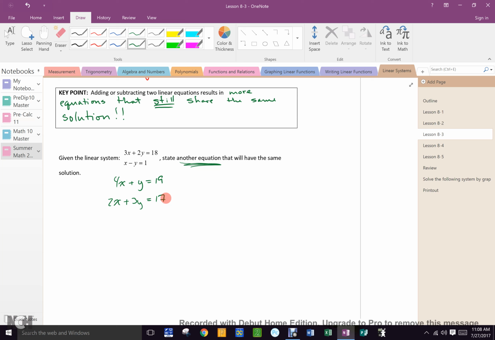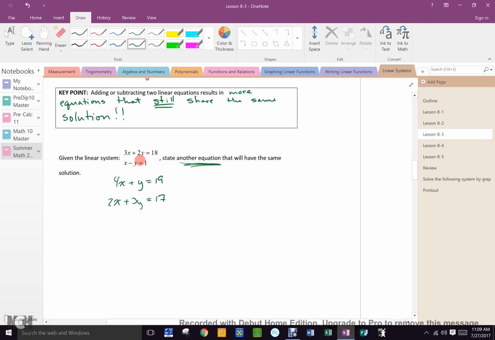Again, it was just done 10 seconds ago in your notes. I added 2 plus negative 1. What is the next thing I could do?